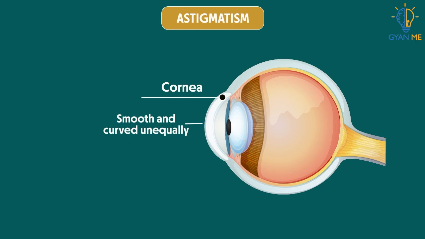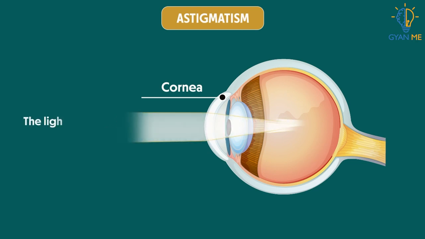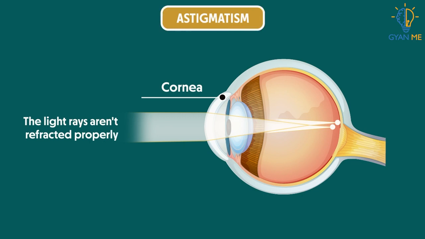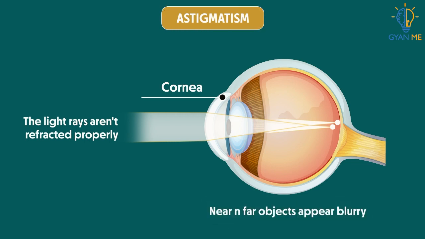Yes, it has some aberrations like this. And this is why the light rays aren't refracted properly. This refractive error is called astigmatism. With astigmatism, people have blurred or distorted vision of both near and far objects, just like with presbyopia.